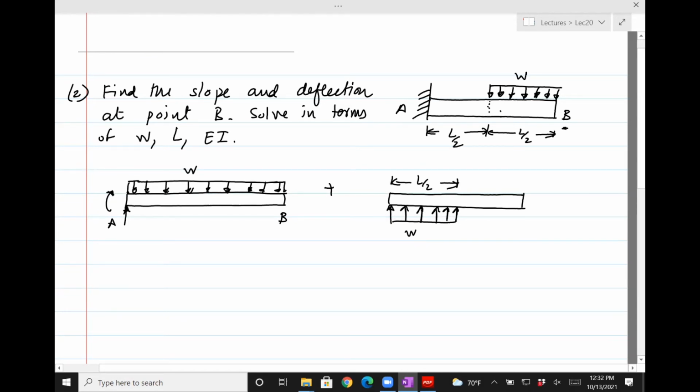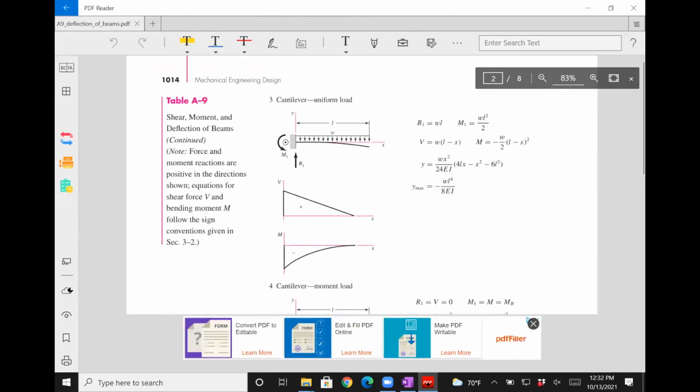Okay, so how do we do this? Well, this case is already given in the book, right? So we know what the deflection is. It's right here. So I'm going to copy this down.